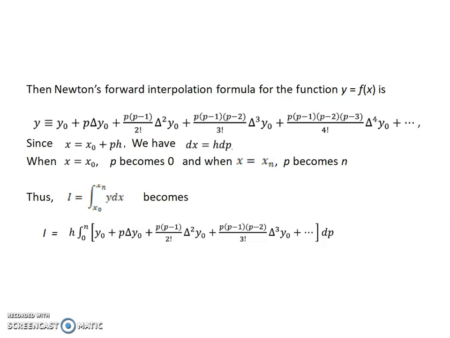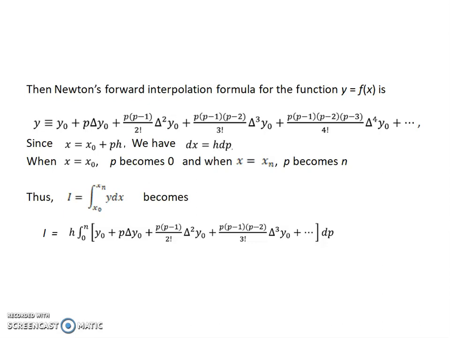Since we are going to use Newton's forward interpolation formula to find the integration, let us go back to the Newton forward interpolation formula. Suppose we have a set of points (xi, yi) where the function is not given.